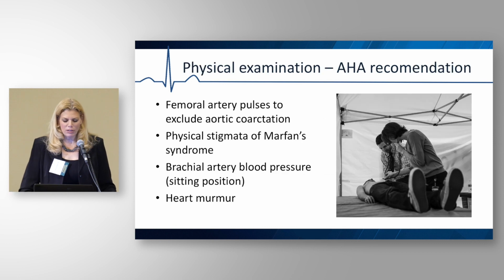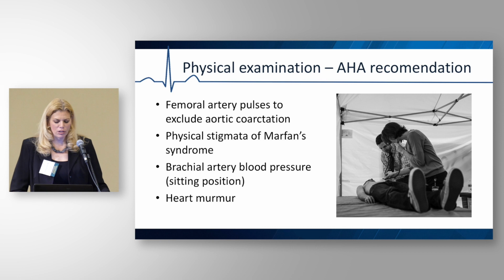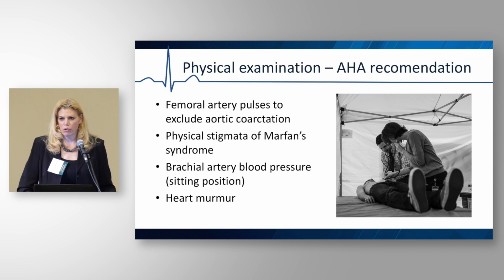When we look at physical examination, what the AHA recommendations currently are: femoral artery pulses to exclude aortic coarctation, which, when I think about this in a high school or college athlete, it's unlikely that somebody's going to be really competitive with coarctation by the time they get to be a high schooler, and it's not really a very common cause of sudden death in that age group.